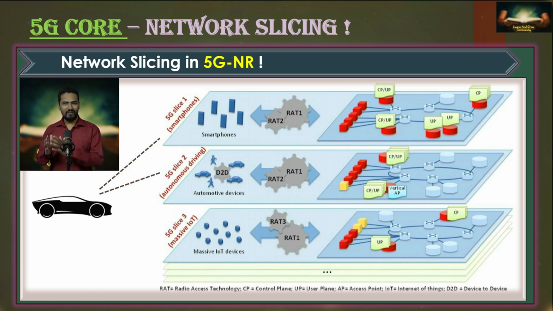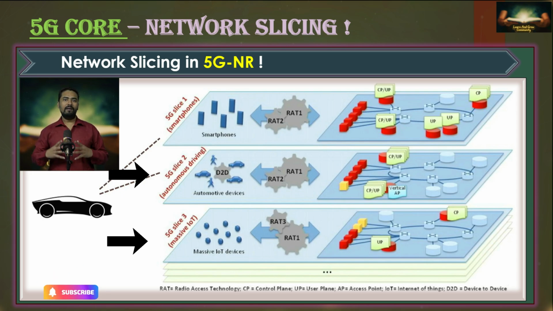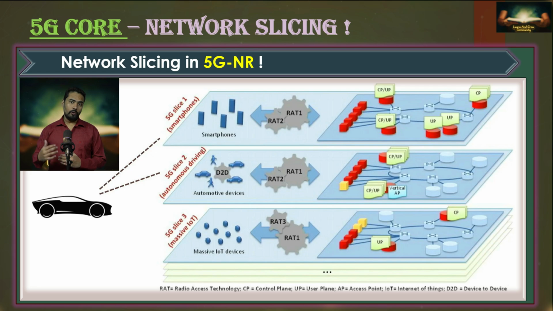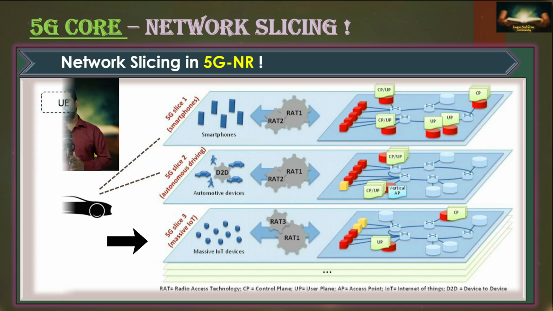On a positive note, this concept also supports new technology upgrades as new requirements or new technology can be deployed in different slices in the network and that will not affect other existing network slices. Network slicing also helps in better security because if some cyber attack happens on one slice, then only that slice will be affected and there is very little possibility that it spreads to the other network slices because these network slices are isolated from each other.